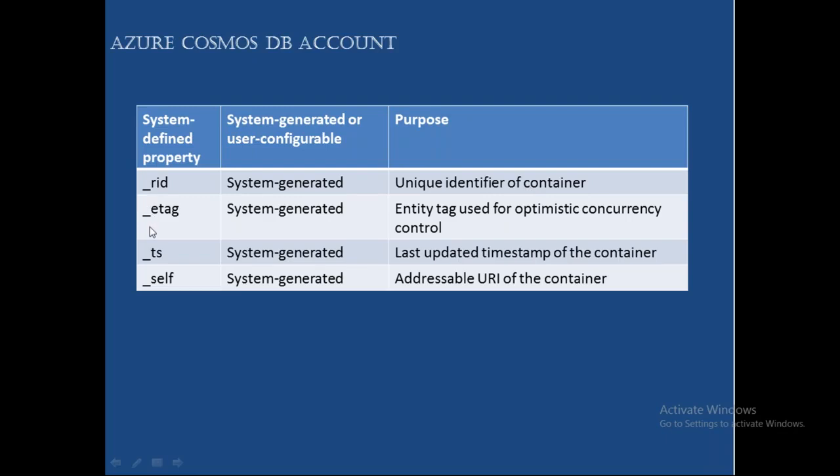The _etag is for optimistic concurrency control. Optimistic concurrency control means you are reading the data in parallel, or you want to do some kind of update in parallel, then based on the _etag, it is going to identify which one this comes under. So let's say you have distributions, right?